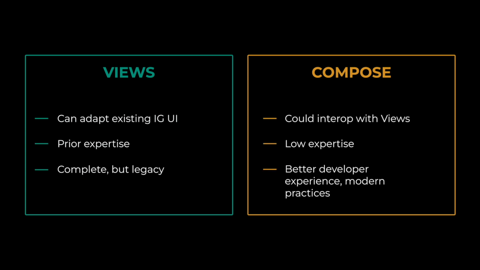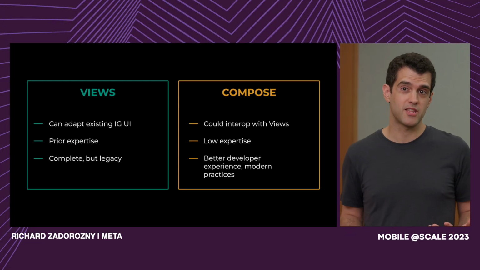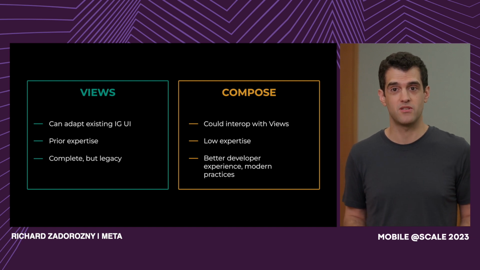And with Compose, we didn't know if it would actually do everything we needed to yet, but we knew we could interop with views and fragments if we needed to. And we didn't have a lot of expertise with Compose yet, but we saw that the ramp-up time was actually pretty good and that people really appreciated the nicer developer experience and how it was easier to apply modern practices.